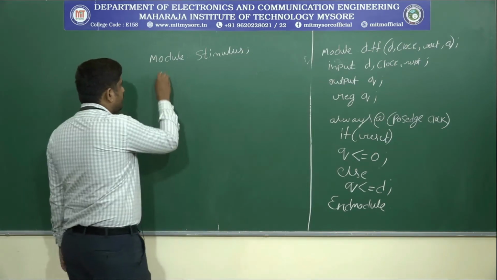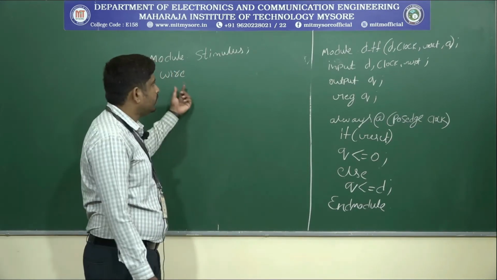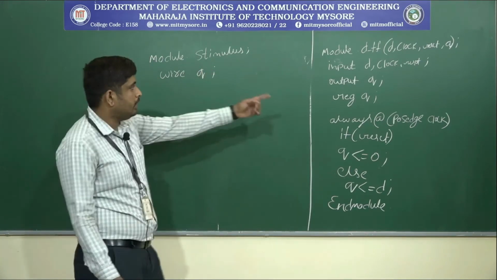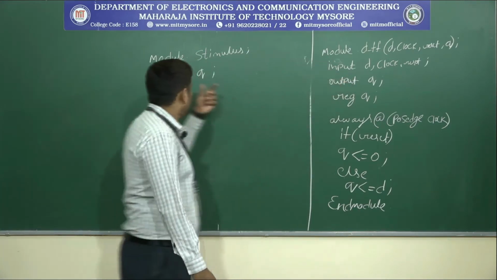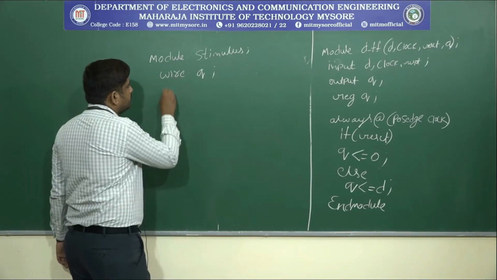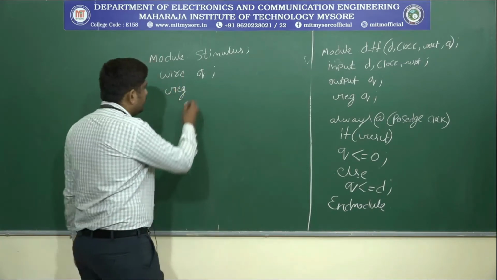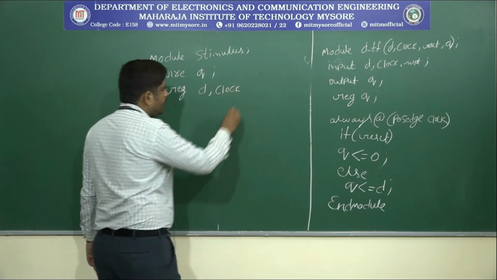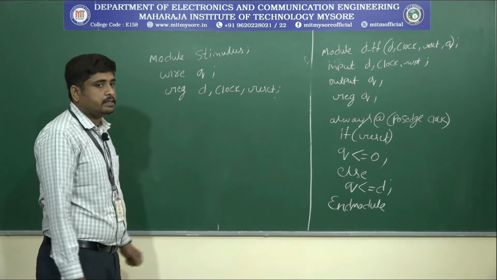Then wire acts as the output, so you simply write wire Q. In the design block you use the keyword output, but in the stimulus block you write wire. Then reg acts as the input, so you mention the input terminals: reg D, clock, reset. Wire acts as output, reg acts as input.